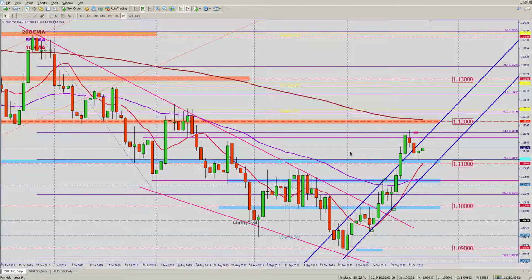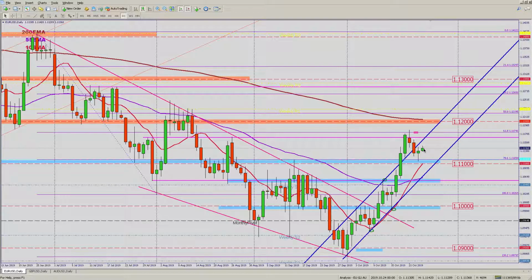Let's start with the Euro. Yesterday it continued its slide downwards until it found support at the weekly pivot just above the 111 level, and closed as a spinning top yesterday.